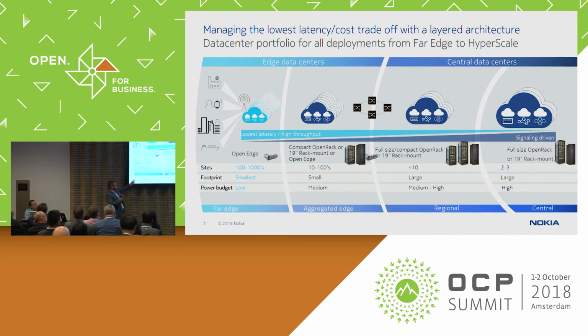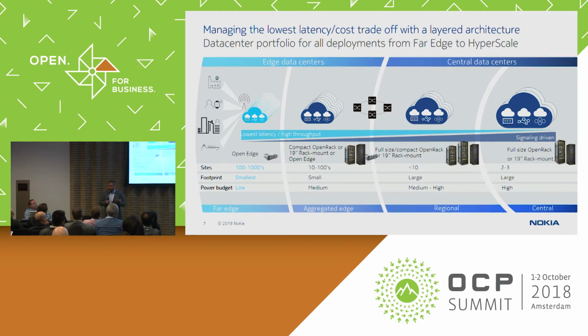Then there's a topic called far edge, which is taking the cloud actually very close to the actual radio. We are talking about definitely CO level deployments, but even radio side deployments. And there can be hundreds, thousands, tens of thousands of small clouds like this in the network. You don't necessarily have a huge amount of compute in those sites.